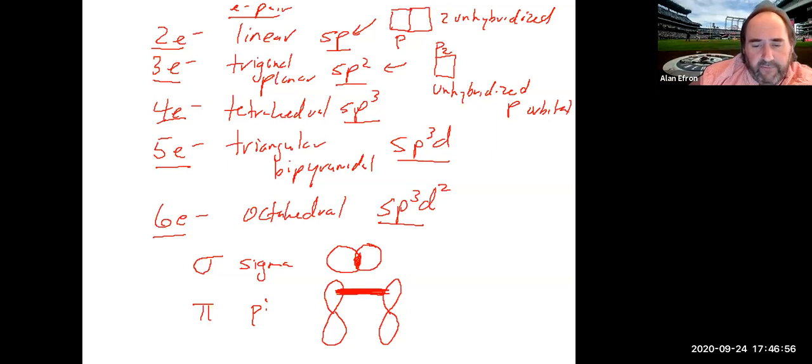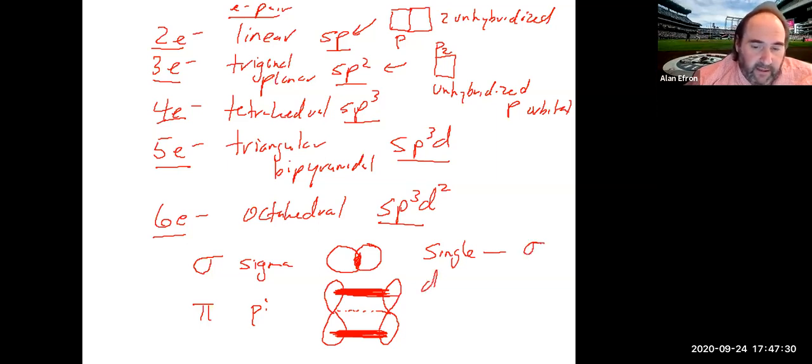So these guys are overlapping side by side, as we talked about the other day, over and above and below the plane of the bond there. And again, that's where those electrons will be shared, with these orbitals side by side overlapping. And those are pi bonds. So really the easiest way to break that down, if you had to figure out how many sigma bonds you have, how many pi bonds you have: a single bond, one line, is going to be a sigma bond.